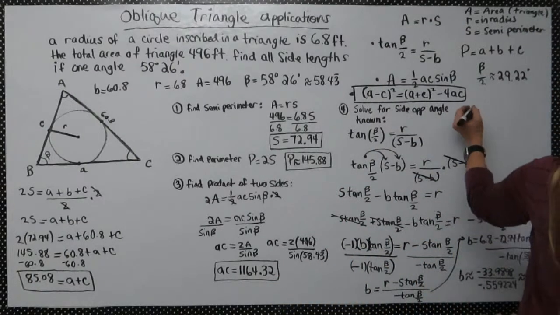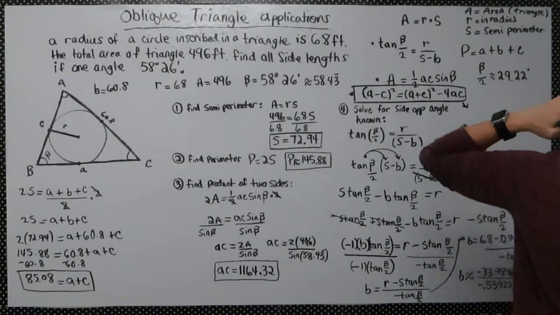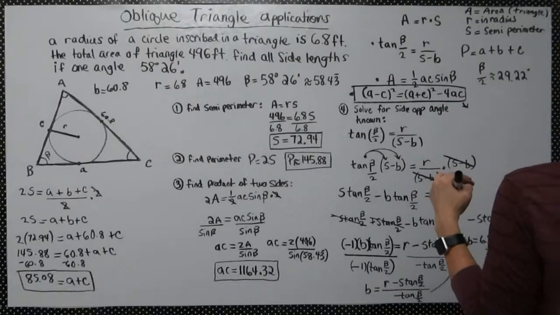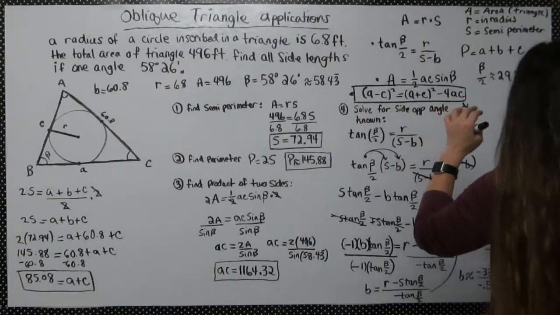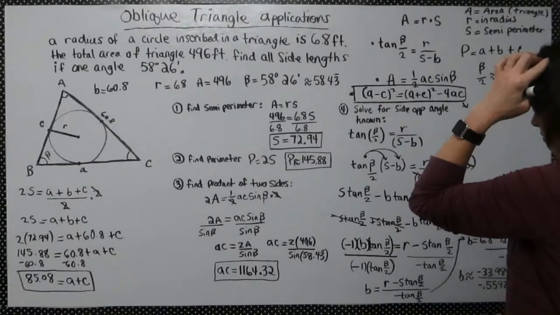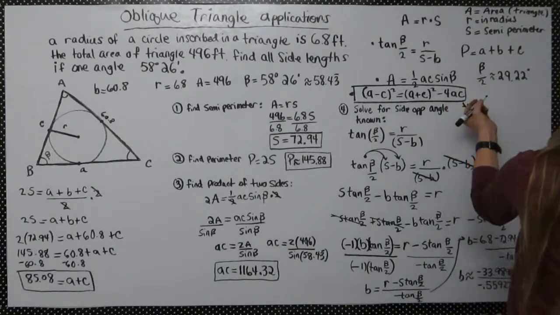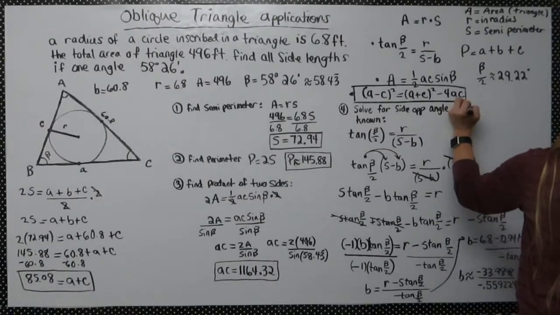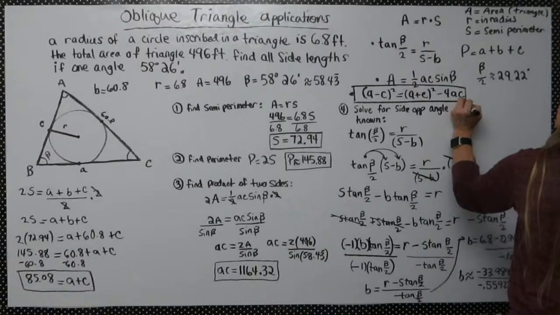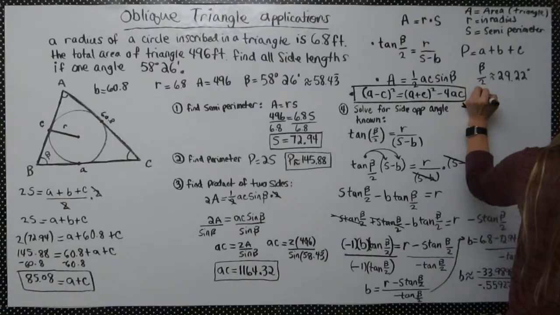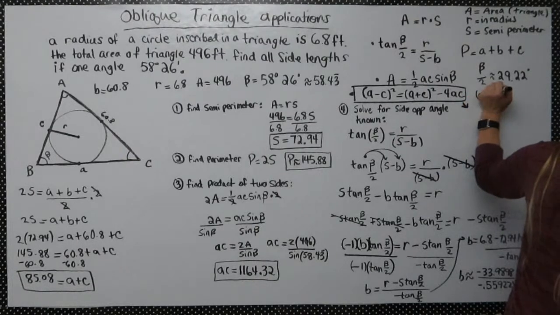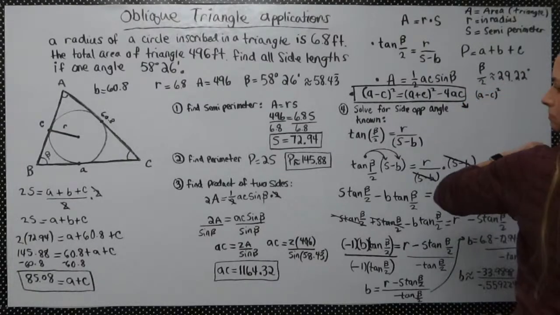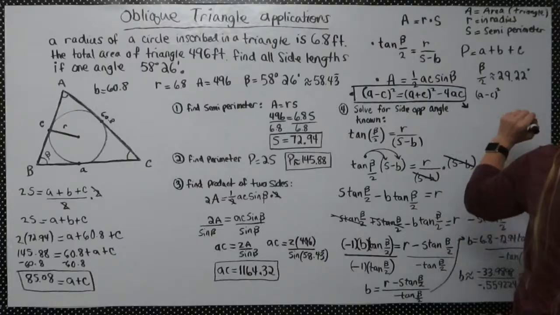A minus c squared, and we have a plus c is 8508.